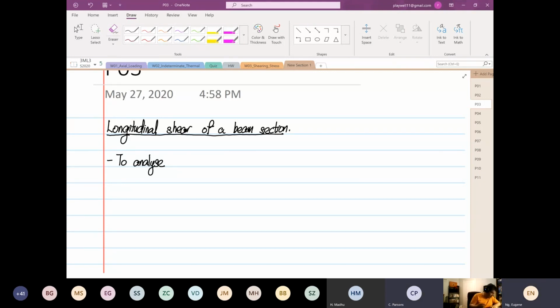Okay, so longitudinal shear of a beam section is to analyze the strength of the joints in the shear loading. The emphasis is on the joints.